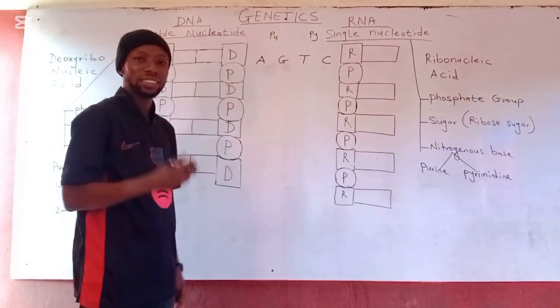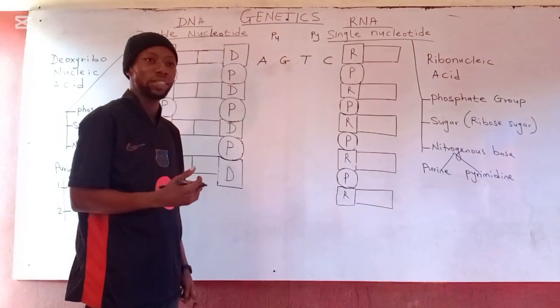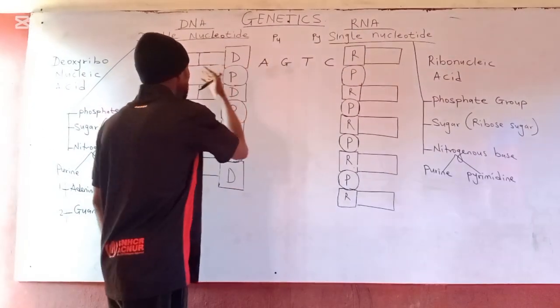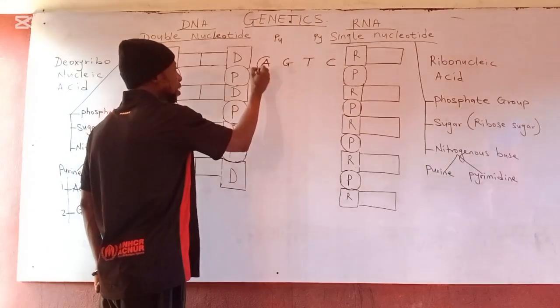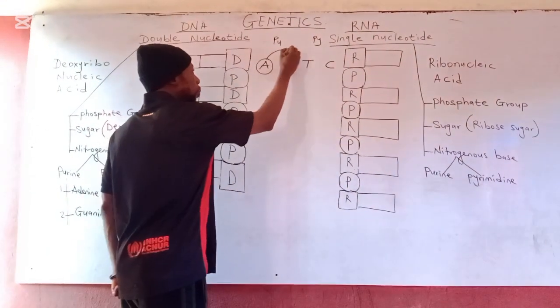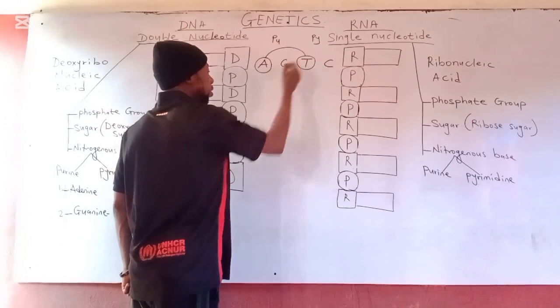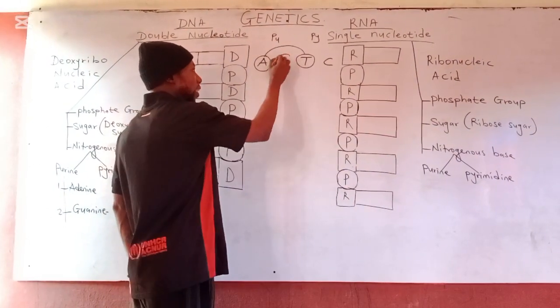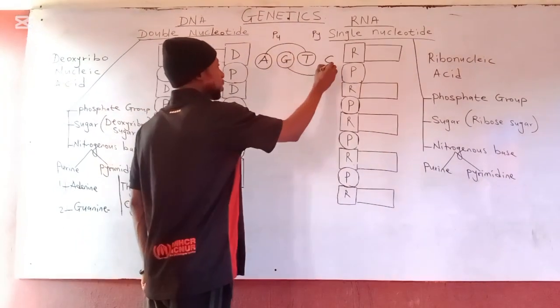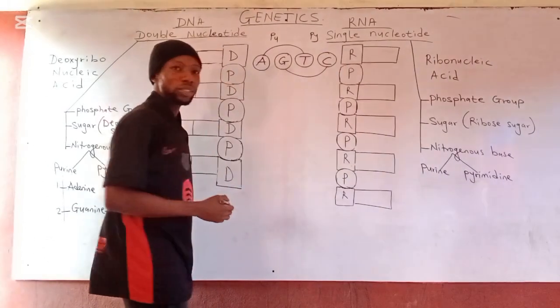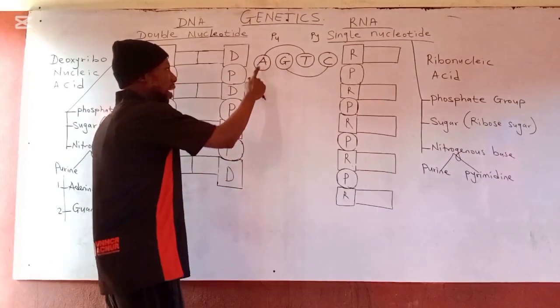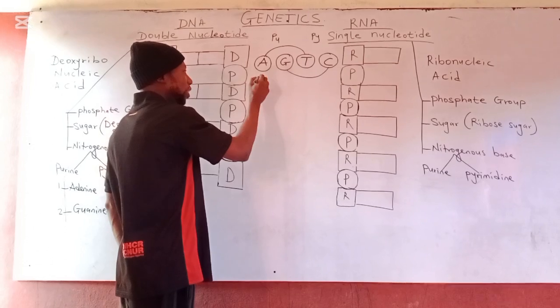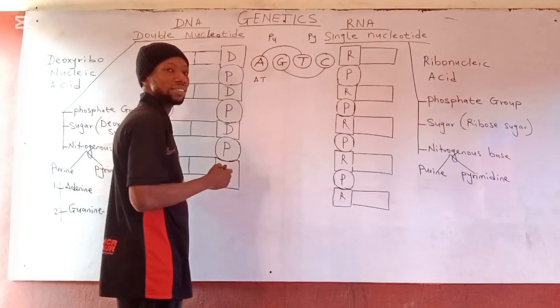Now look at their base pairing sequence. Anywhere we have adenine, adenine will always pair with thymine. Guanine will always pair with cytosine. When adenine pairs with thymine, it gives you AT.